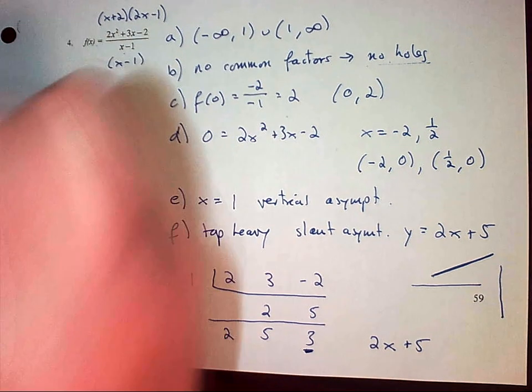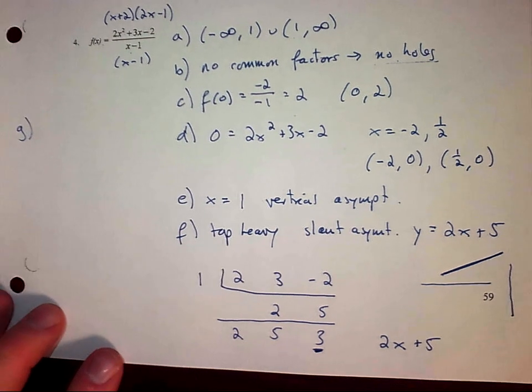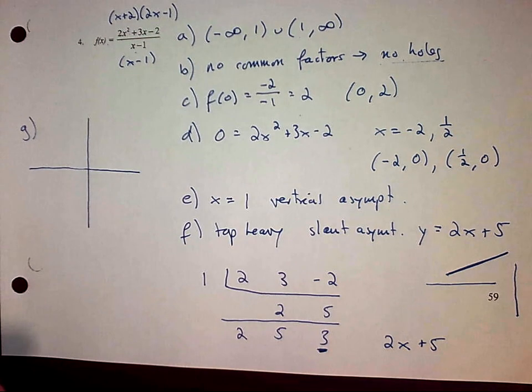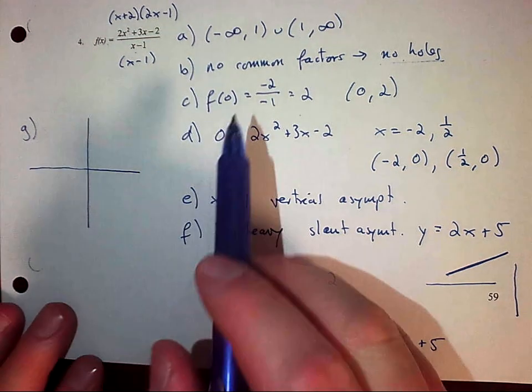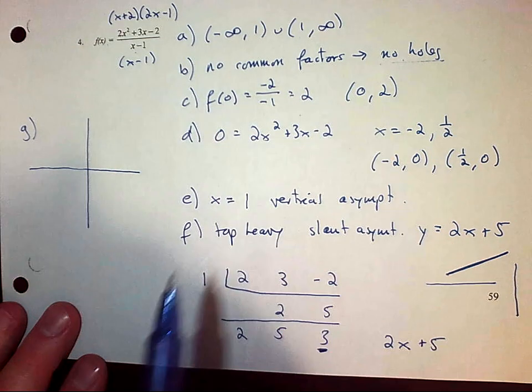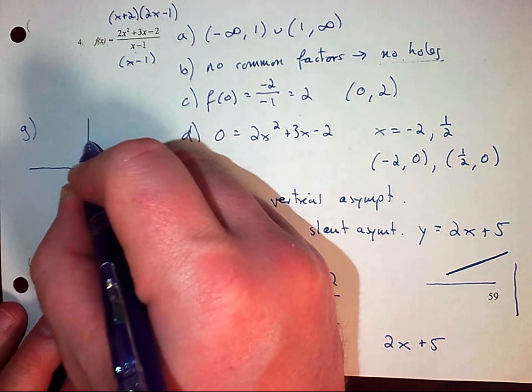G, all right, let's take a look at G. G is going to be a tough one because we have this slant asymptote thing going on. But let's draw our x and our y-axis. All right, so whenever we let x be equal to 0, here we have our y-intercept at 0, 2, so 1, 2 here.